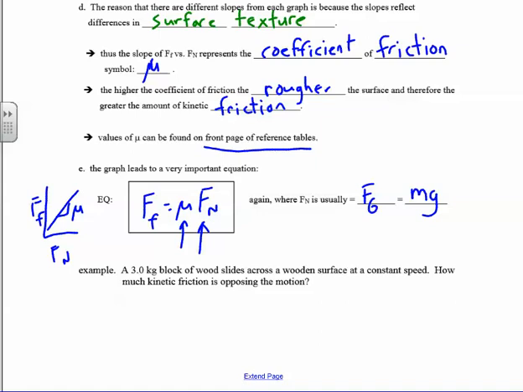Okay, so if we have a situation where we're trying to slide something across the ground, we're putting an applied force here, and we're asked to find the force of friction that might be opposing it, we'd have to know something about the surfaces to get the mu part, and then if we know the mass, we could say the normal force is going to be equal to mg in this particular case, because the normal force is being balanced by the gravitational force. If there were other downward forces, then the normal force would be different than the weight, and we'll handle that when it comes along.